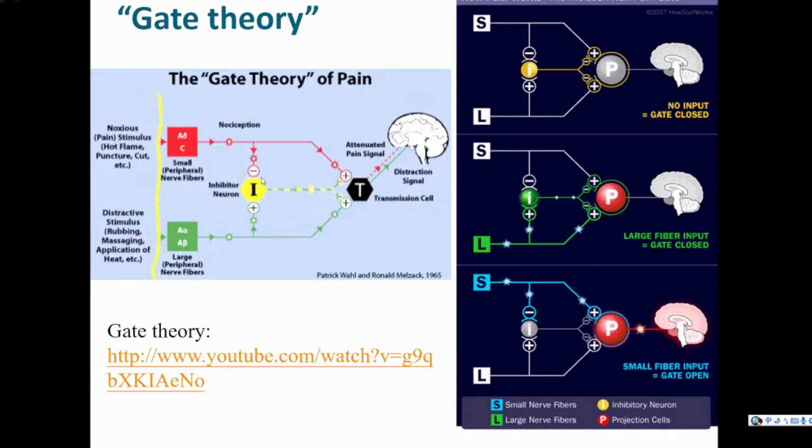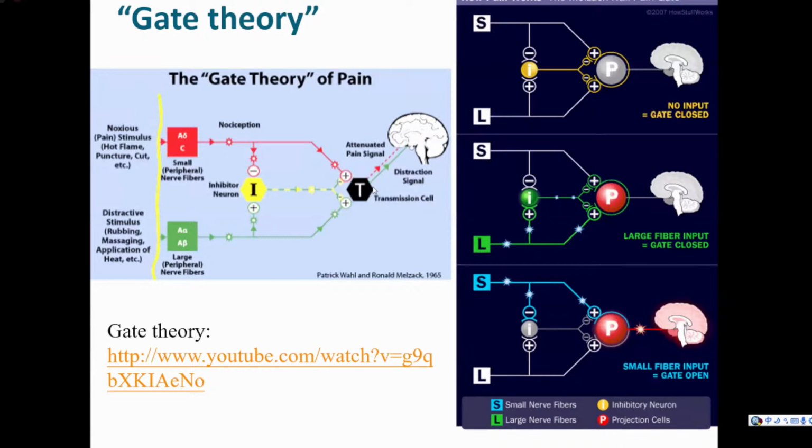This is called an inhibitory neuron. So the large fiber will send a signal to the inhibitory and also transmission cells in the spinal cord area. Then this signal will block the signal from the red line, from the noxious stimulation. So it closes the gate, called gate control. The gate is closed. Then the red line, the noxious sensory signal, will no longer go up.